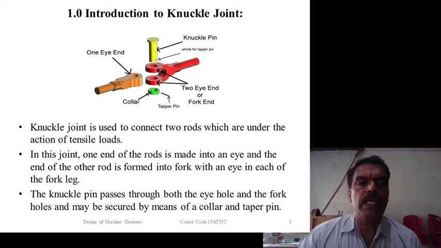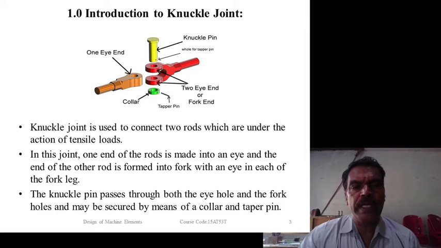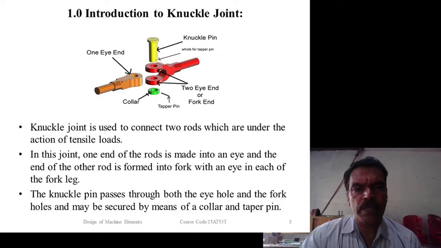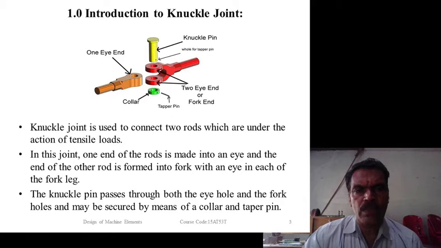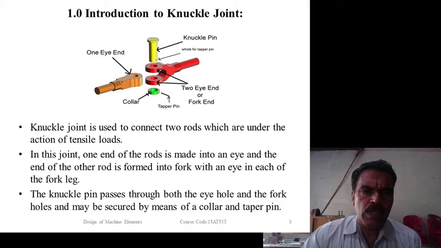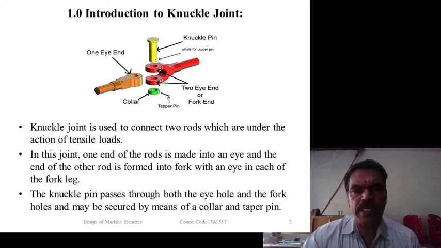Here this one is the one eye end, which has a bore on this side. This one is the two eye end or forked end. The forked end also has bores on the top edge as well as the lower edge. The one eye end is inserted into these two forks, or two leg fork, so that all three holes coincide with each other.